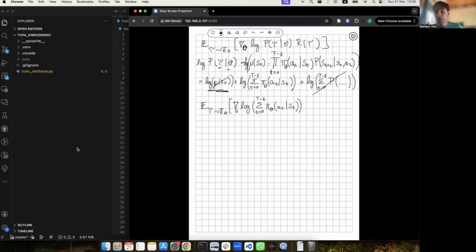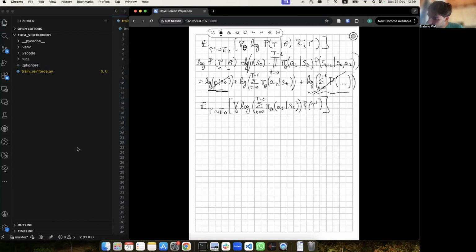We have basically removed this term here, which would have been very much not possible to compute, because if our environment is very complex, we don't fully know the probability of a next state given an action. It's not something tractable to compute.